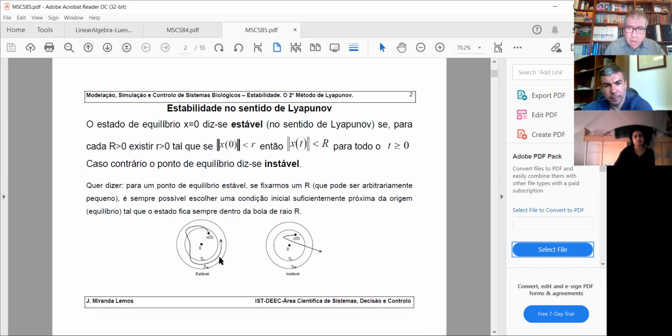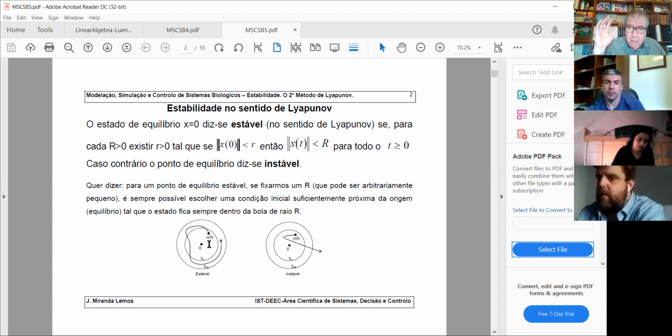If you give me a ball in which you want the state to be contained, then I should be able to find a set of initial conditions such that I'm contained there. But your ball should be as small as you want, okay? So you can divide the radius by 2 or by 4 or by 10 or whatever you want, to make my life difficult.